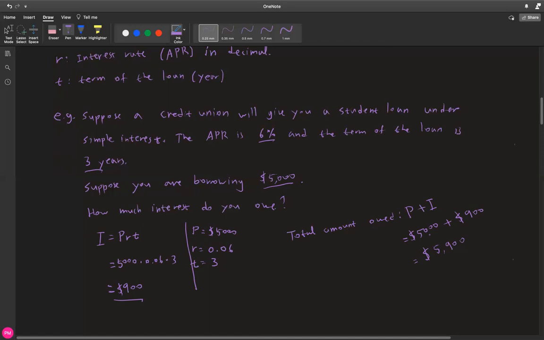Does that make sense? So that was quite simple. I think that was very self-explanatory.